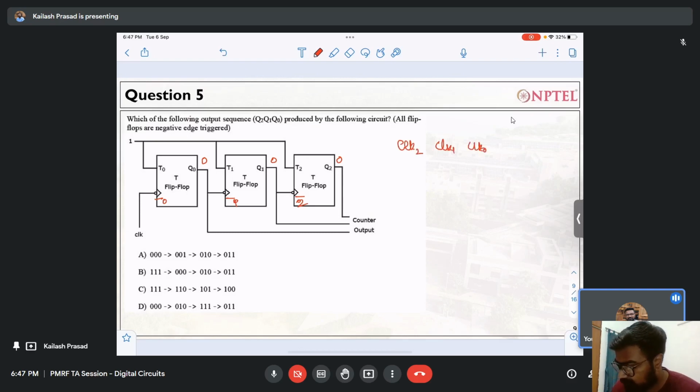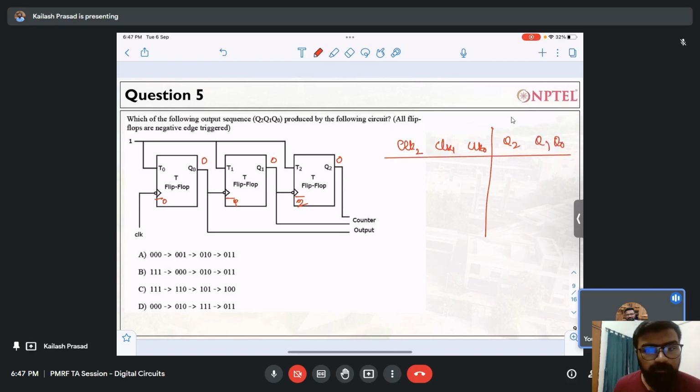I have named the clocks of these three different T flip flops, and then I have Q2, Q1, Q0. Now what we have to do is see what the sequencing will be. Initially assume that no falling edge has come, and initially this is 000.